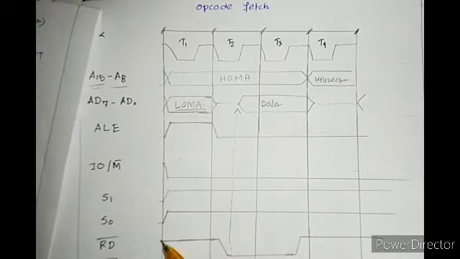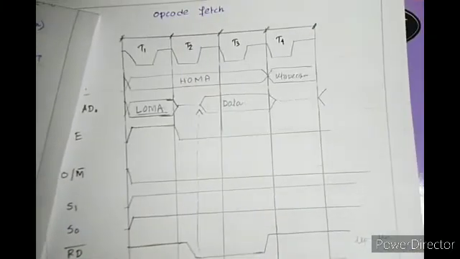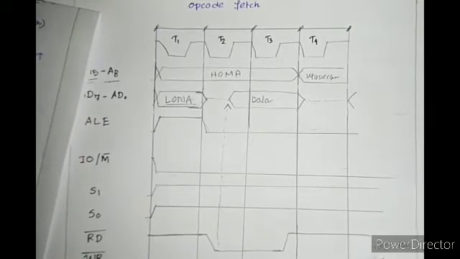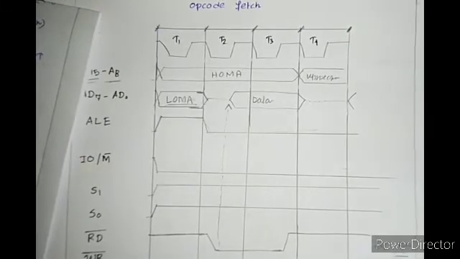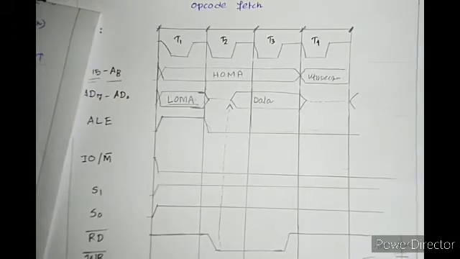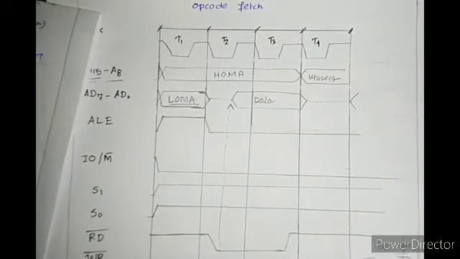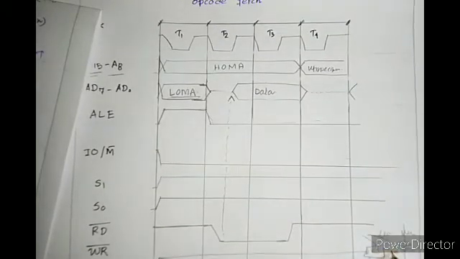So when RD bar goes low, suppose this is your MPU and this is your memory. When we are performing a read operation, the PC releases the address and it gets located. Now it sends the RD bar signal, which specifies that we have to read some data.